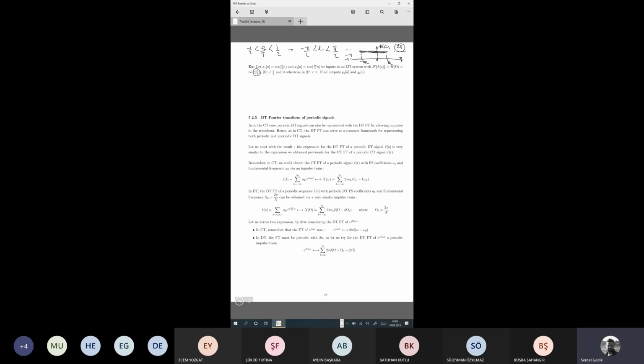So what is my x of n? Let's write x1 of n as 1 over 2 e to the power j pi over 4 n plus 1 over 2 e to the power minus j pi over 4 n.